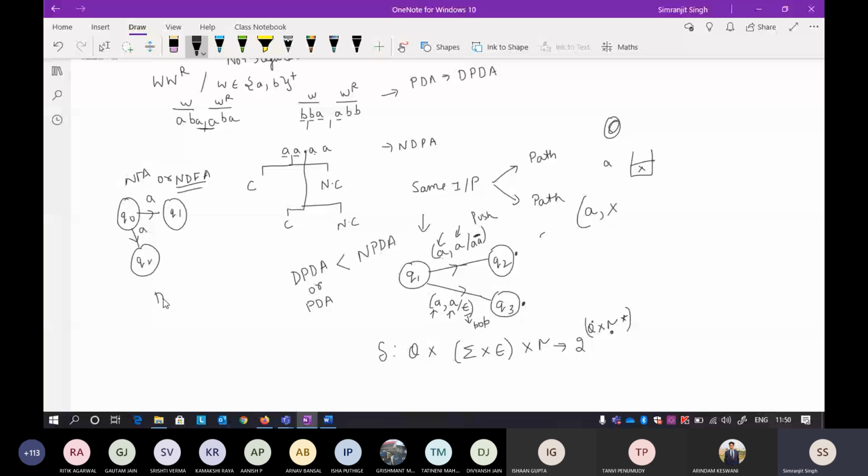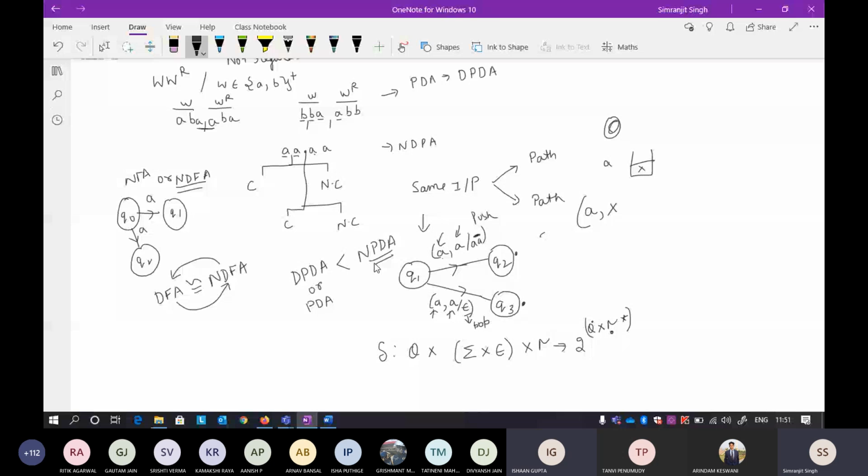If you remember, the expressive power of DFA is equivalent to that of NDFA, so we are able to convert NDFA to DFA and DFA to NDFA. But in this context, this pushdown automaton cannot accept this WWR. It is only accepted by a non-deterministic pushdown automaton. So the expressive power of this is greater compared to the deterministic pushdown automaton, and the conversion from NDPDA to DPDA is not possible.